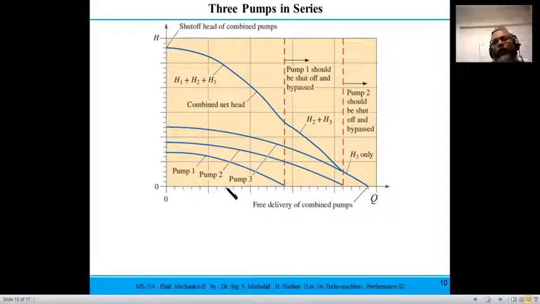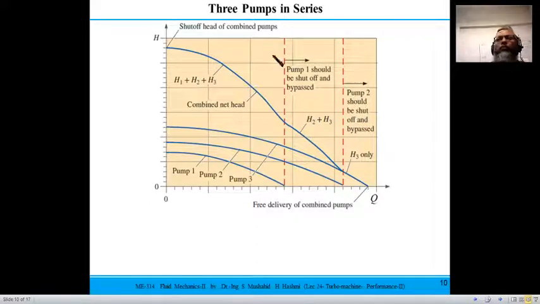If your volume flow rate is low, let's say here, the head is supplied by all 3 pumps. When you increase your flow rate, only 2 pumps can supply the head, because pump 1 has already been exhausted, and here pump 2 has been exhausted, so only pump 3 can provide the head. Obviously the operating conditions are not set so that you have a very high flow rate.